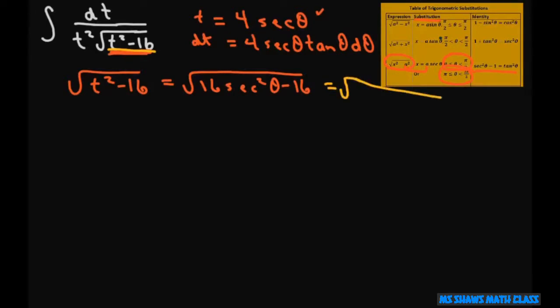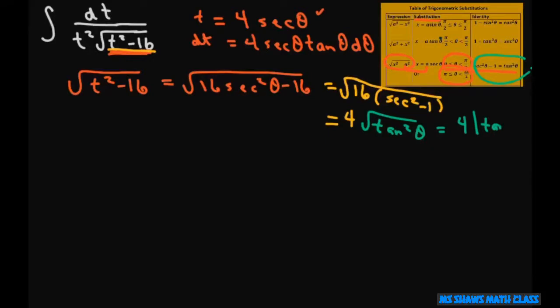If you pull out the 16, that's going to be secant squared minus 1. So that's going to be, pull out that 4. Secant squared minus 1 is tan squared. All right, and then that's going to equal 4 absolute value of tan of theta.